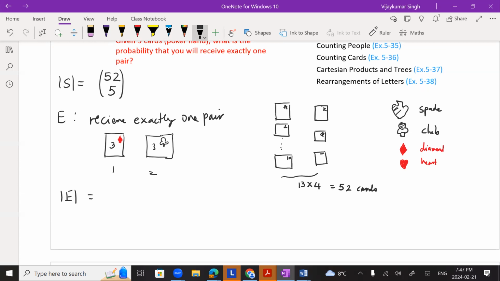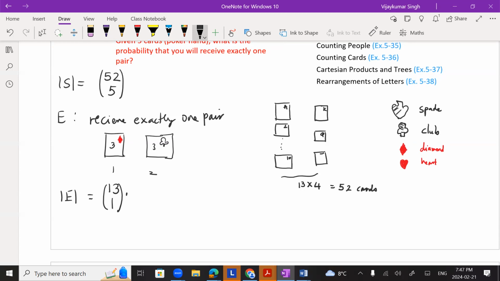So we could have 2 threes, we could have 2 aces, 2 jacks, 2 queens, right? So out of those 13, we need to choose 1. So 13 choose 1, to decide which of those pairs we are going to make. Do you agree?